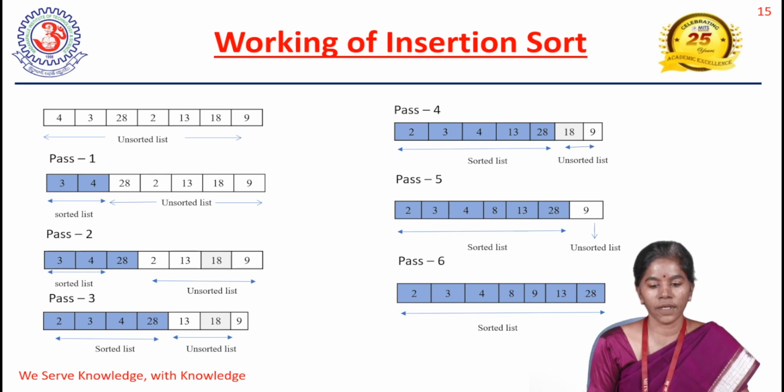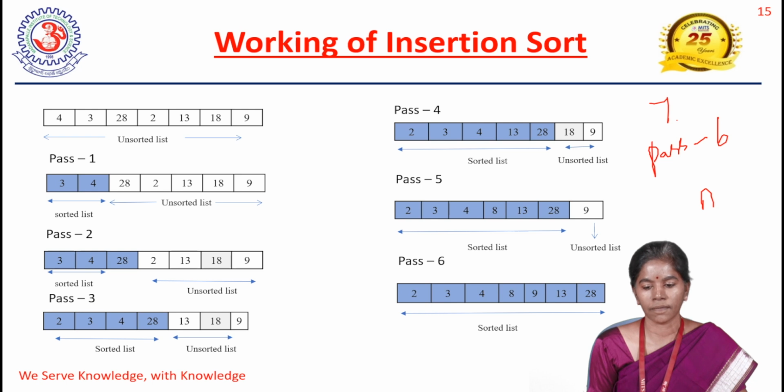We can see here there are 7 elements, so the number of passes required is 6. If there are n elements, n minus 1 passes are required. Very easy to implement. Let me go through it once again.